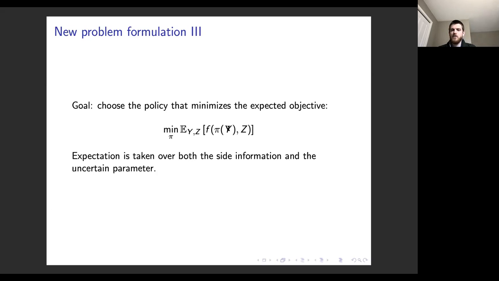So this pi of y is the action taken by the policy, and then z is our uncertain parameter. So f of pi of y and z gives us basically the objective under our policy. And then we take the expected value of that over both the side information and the uncertain parameter. And so we're going to look for the policy that does the best overall in terms of the expected value.